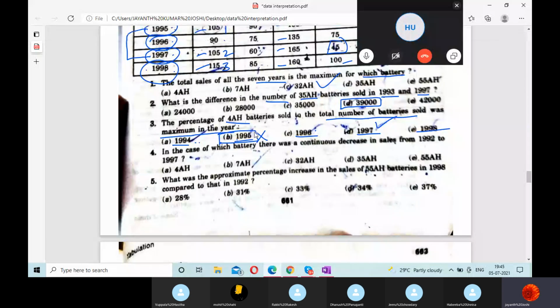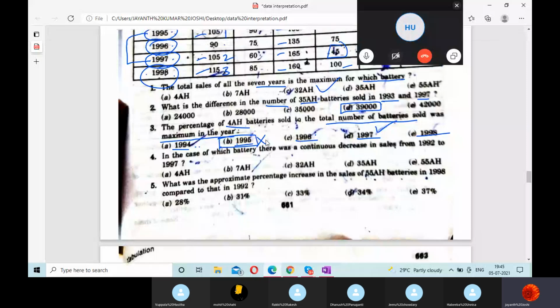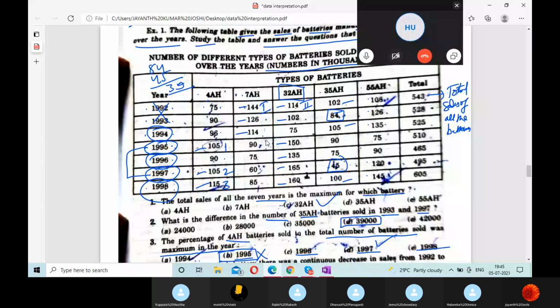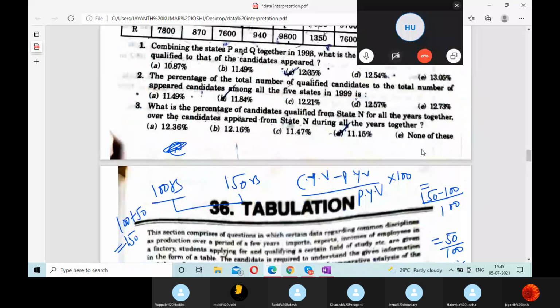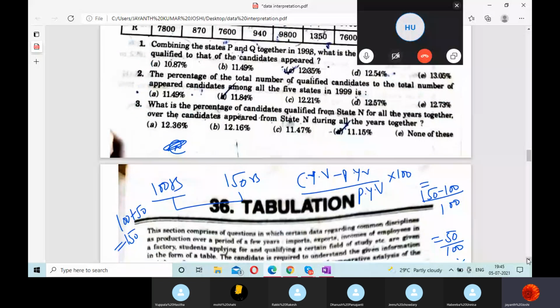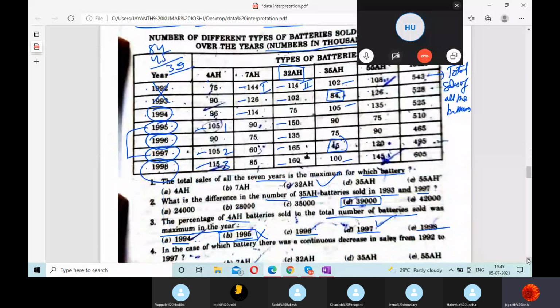So here, as far as I am concerned, 97 is the bigger one. Now let's go ahead. Now I have 96 by 525 and 90 by 465. I'll write it here. 96 by 525.